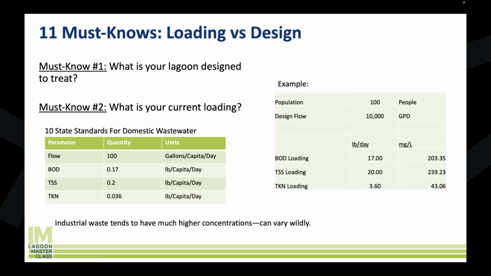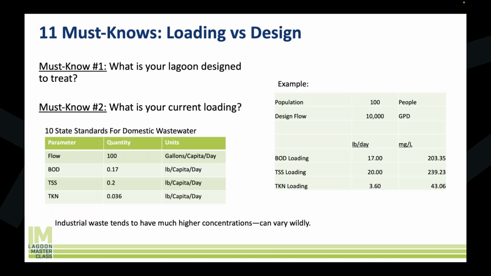And in those 100 gallons, you're going to have about 0.175 pounds of BOD, 0.2 pounds of TSS, and 0.036 pounds of TKN. So in this example you can see here on the right, a 100-person town, 10,000 gallons per day, has a loading of 17 pounds of BOD, 20 pounds of TSS, and 3.6 pounds of TKN.